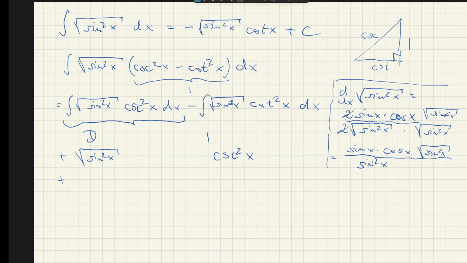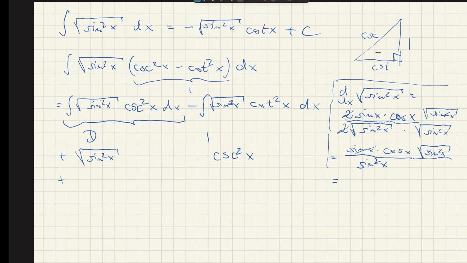Now I'm going to cancel one of the powers here, one of the factors of sine x against this sine x, and now I'm left with cosine over sine times the square root of sine squared of x. Cosine over sine is the same as cotan, right? Because here you can again go back to this triangle here.